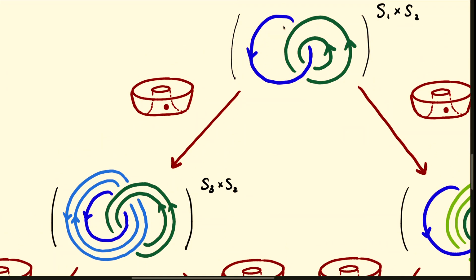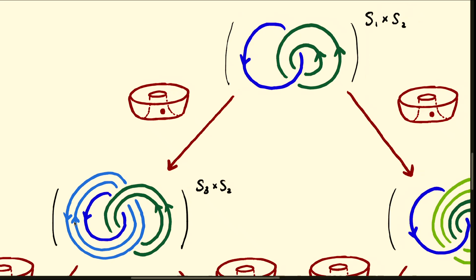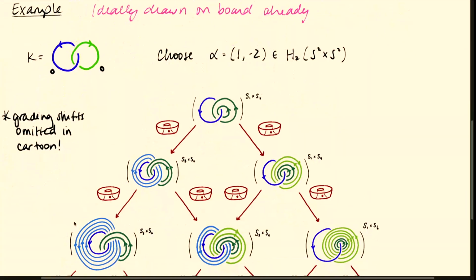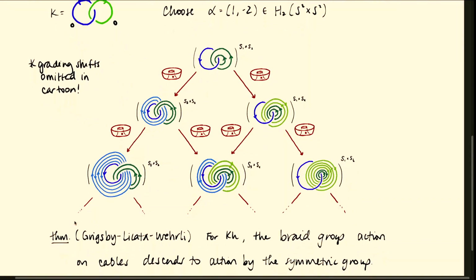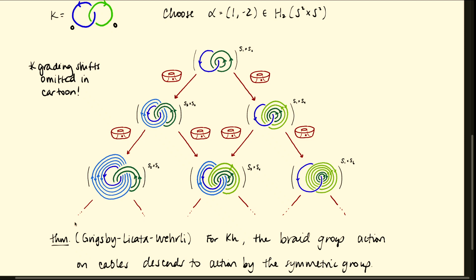So if you look at this blue cabling of the left component of the Hopf link, I first started out with one counterclockwise circle, but then I added two oppositely oriented circles. And these are like the boundary of that annulus map that I have just constructed. Cabled Khovanov homology is the colimit of this diagram.